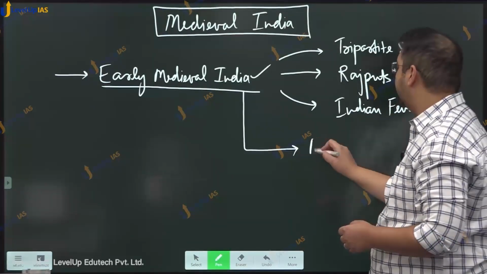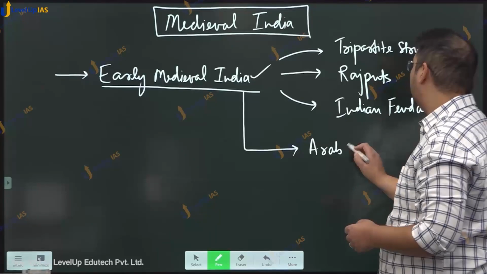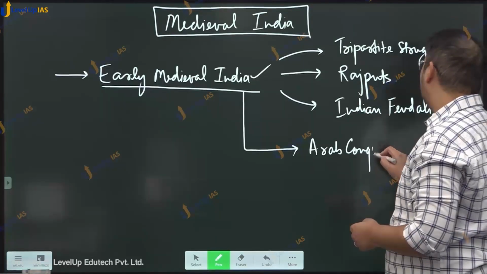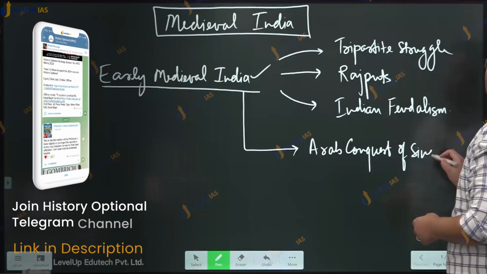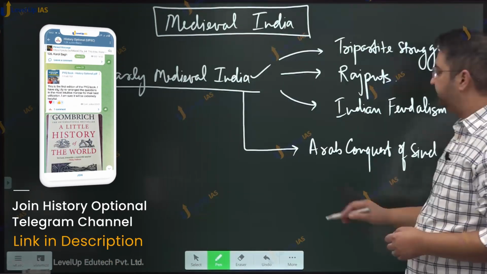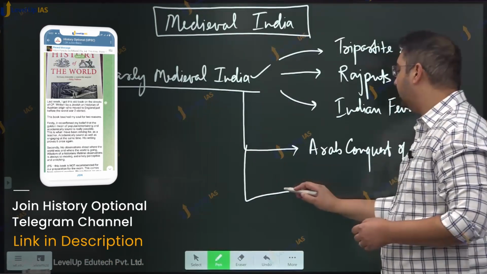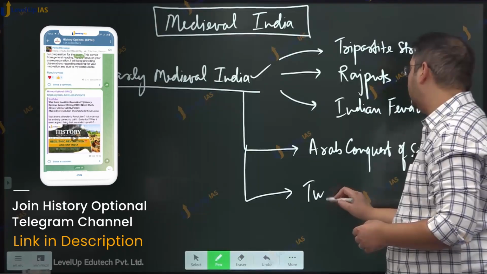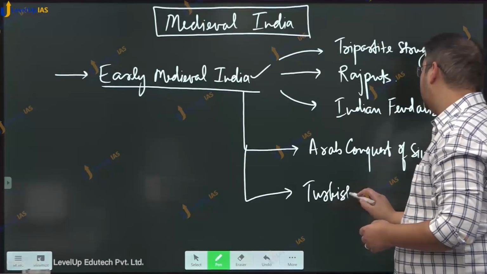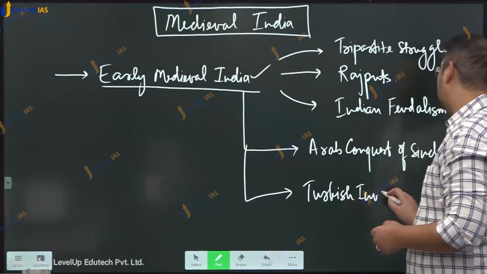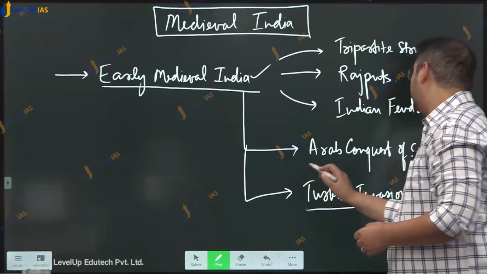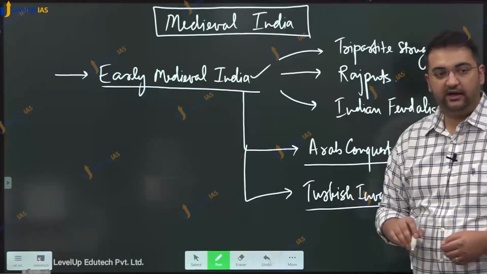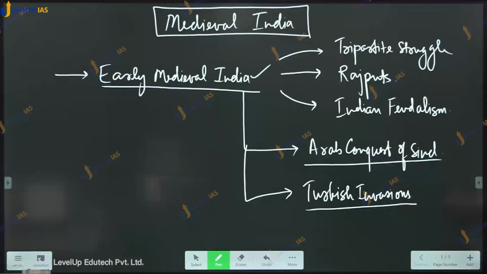These include the Arab conquest of Sindh and the beginning of Turkish invasions in India, which ultimately led to the establishment of Turkish rule.